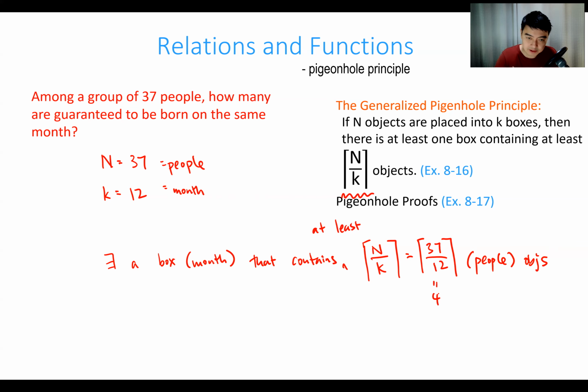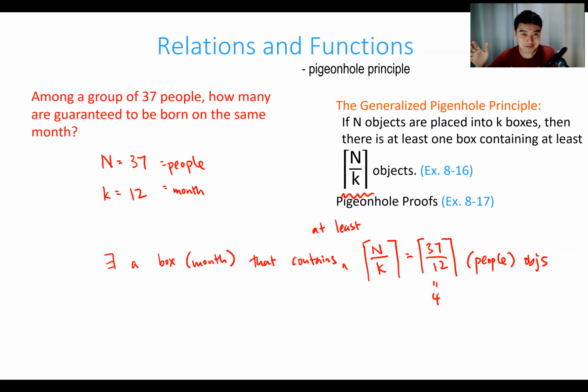Okay, now let's consider what this equation is telling me. Let's say there's 36 people, and let's say we're really fortunate in that we can distribute all 36 people into distinct birthdays so that there's 3 people in each month.